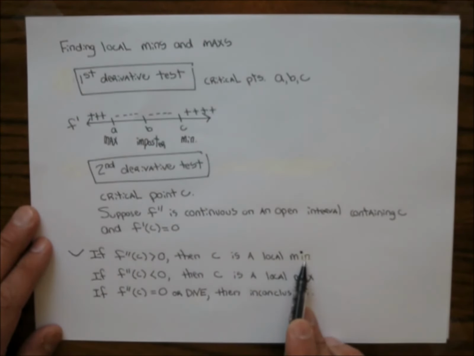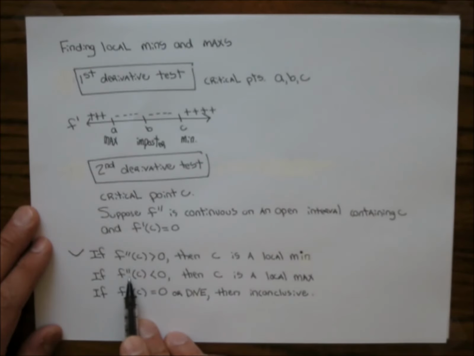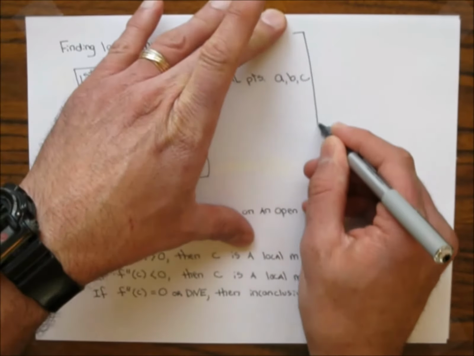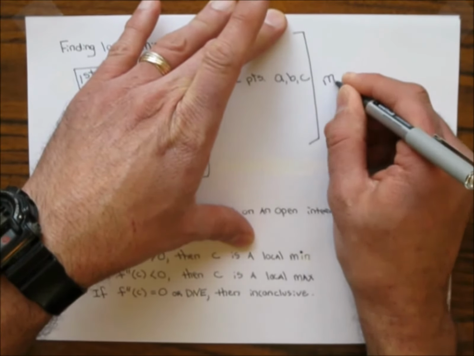Then C is a local min. If the second derivative is less than 0, which means this is negative, it's concave down, then that thing happens to be a max. If the second derivative at that point equals 0 or does not exist, then the test is inconclusive.